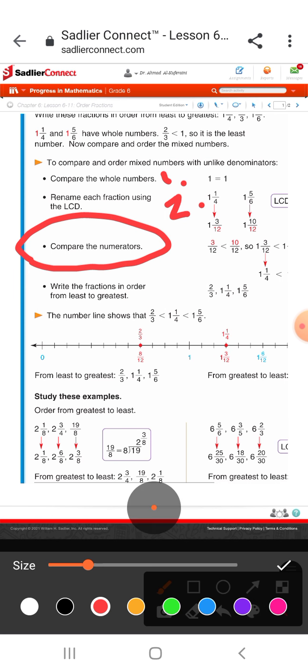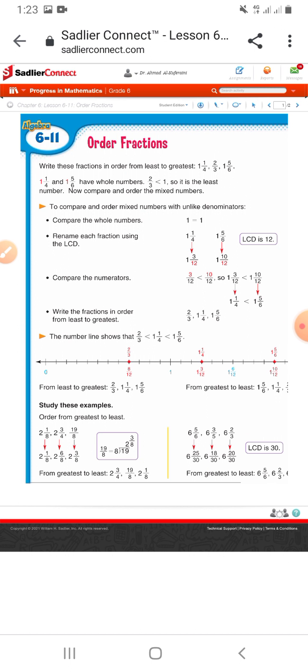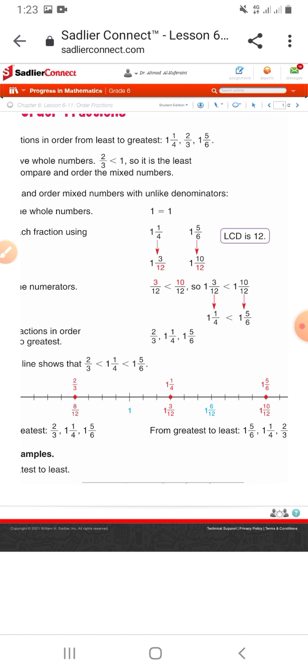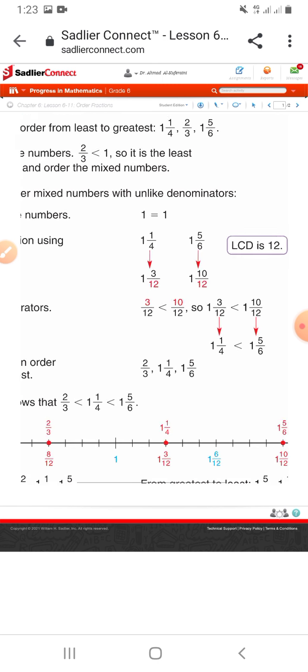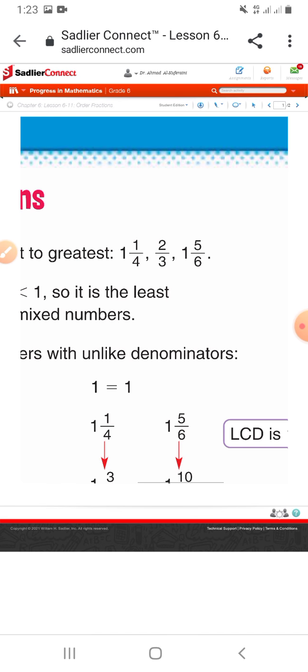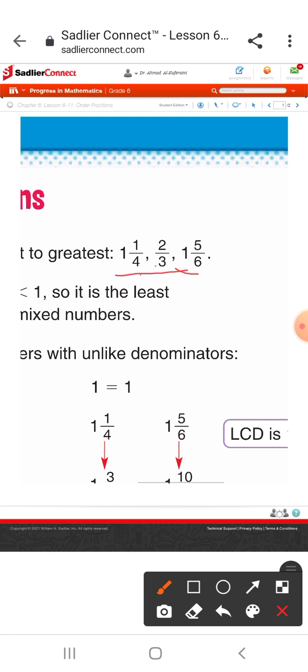So let's check this one. We have here 1 and 1 out of 4. We have to look at the denominators here. We have 4, 3, and 6. Okay?